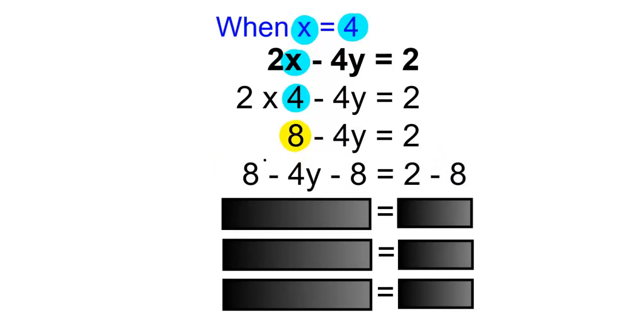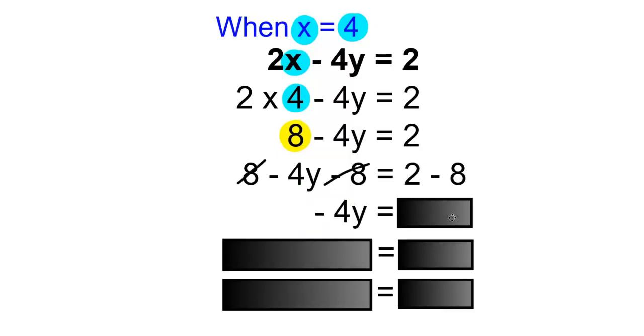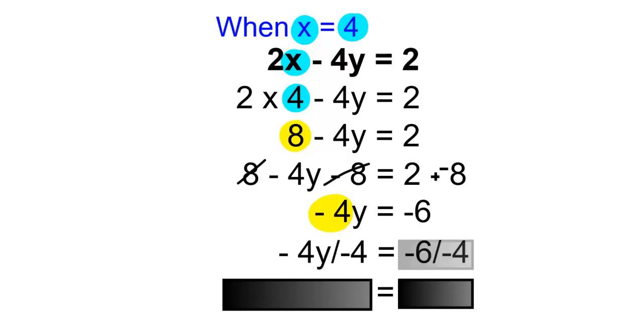Plus 8 and minus 8 will cancel, leaving us with negative 4y. And for the 2 minus 8, we're going to add the opposite. The opposite of 8 is negative 8, so this will be 2 plus negative 8. That gives us an answer of negative 6. The next step is we have to divide by negative 4 on the left-hand side to remove the negative 4 times y, which means we divide the right-hand side by negative 4 as well.